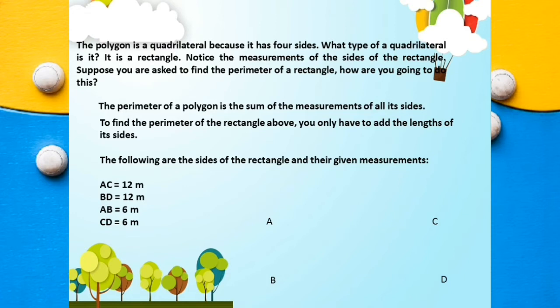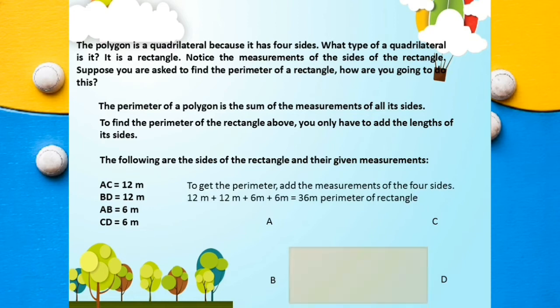The following are the sides of the rectangle and their given measurements. This is the given quadrilateral, which is the rectangle. These are the sides. We have AC equal to 12 meters, BD equal to 12 meters, AB equal to 6 meters, and CD equal to 6 meters.